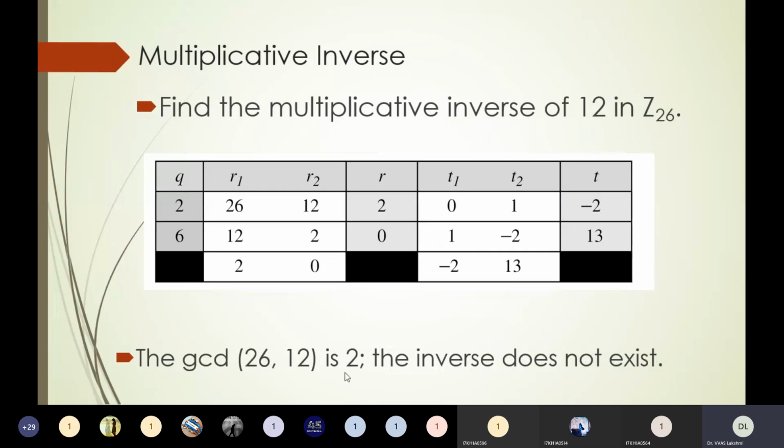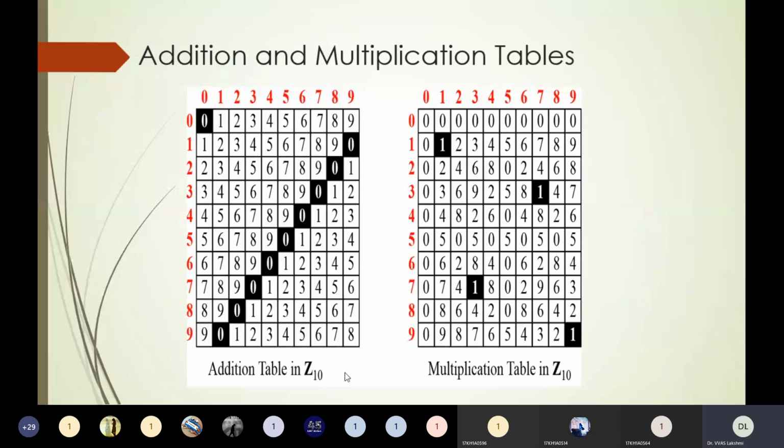So here we are going to see the addition and multiplication tables to easily find the inverse values. Here the Z value is 10, that means n is 10. So what are the elements in the Z set?